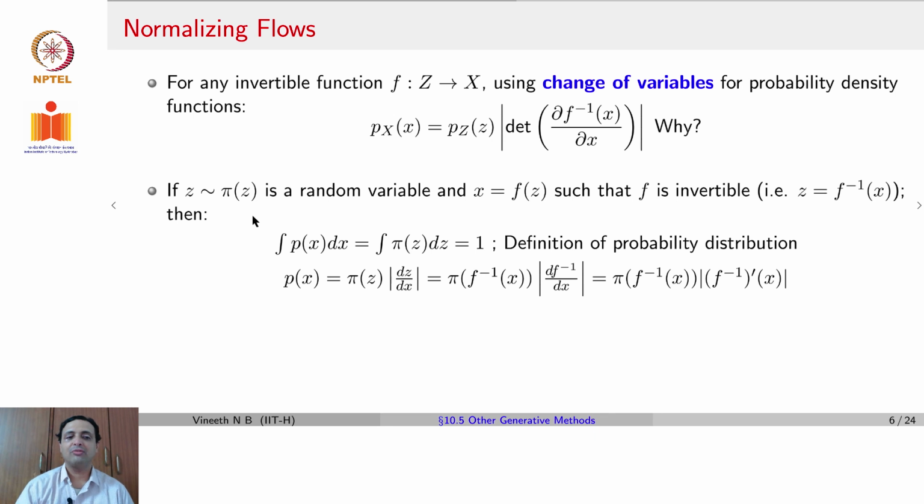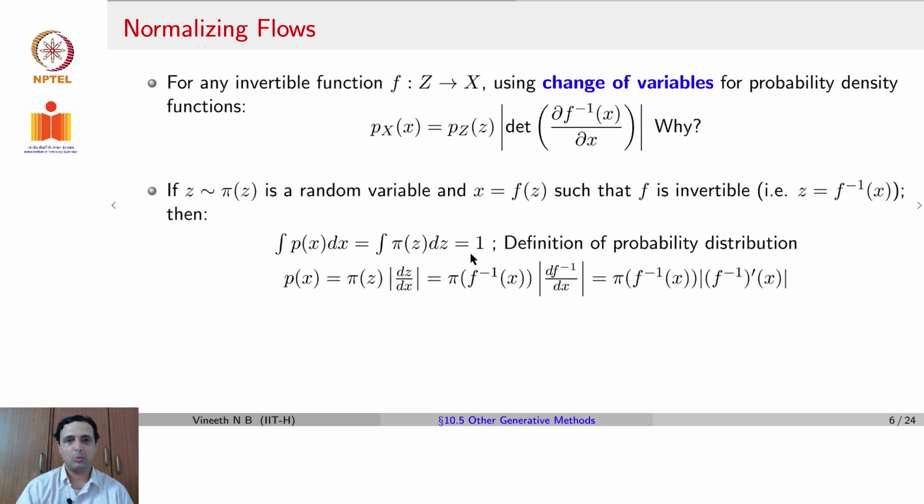If z belongs to a distribution π(z), is a random variable, and x is equal to f(z) such that f is invertible, so z would be given as f⁻¹(x), then from the definition of the probability distribution we have the integral of p(x) dx, which would be 1, would also be the integral of π(z) dz.